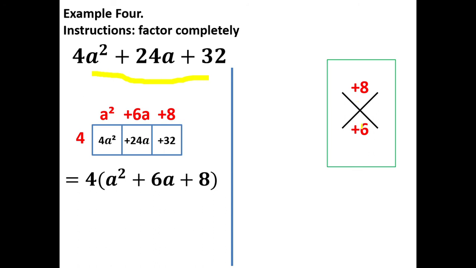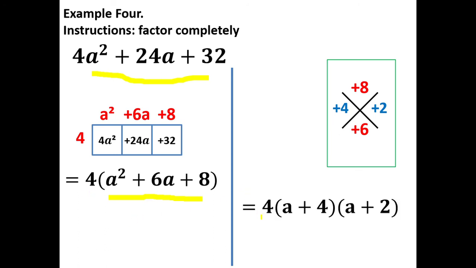So 1 and 8 won't get us to 6, but 2 and 4 will. So this quadratic part breaks into a plus 4 and our other factor, a plus 2. So altogether, don't forget the 4 that comes out front. That was the first thing we factored out. You get the 4, and then you get the other two factors, a plus 4 and a plus 2.